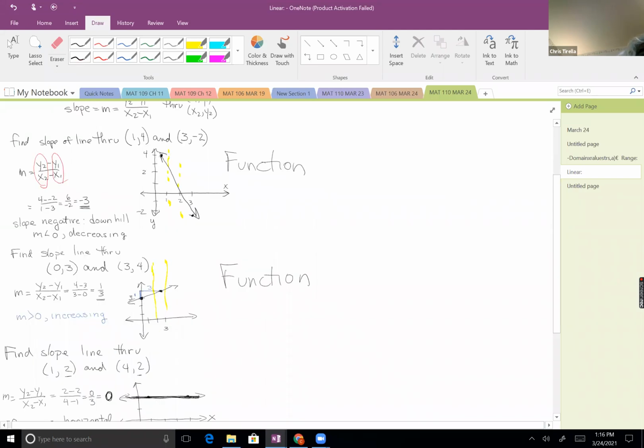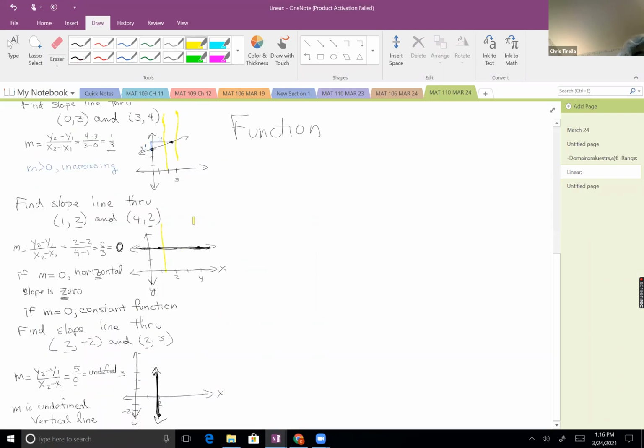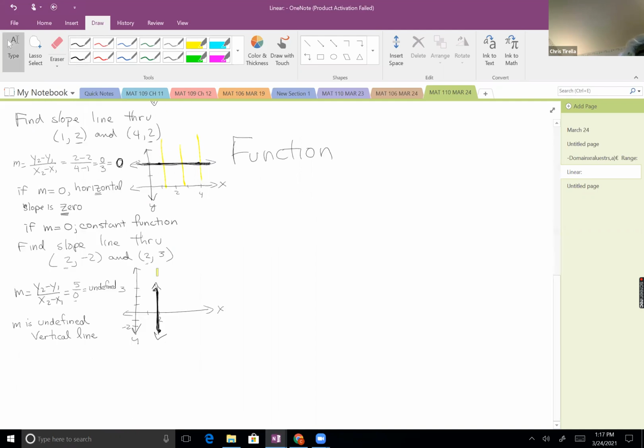This third one, any vertical line test is only going to cross it once, so it is a function. But this last one, if I were to do my vertical line test, does everybody see right over here when x is 2, it fails. And so this is not a function.